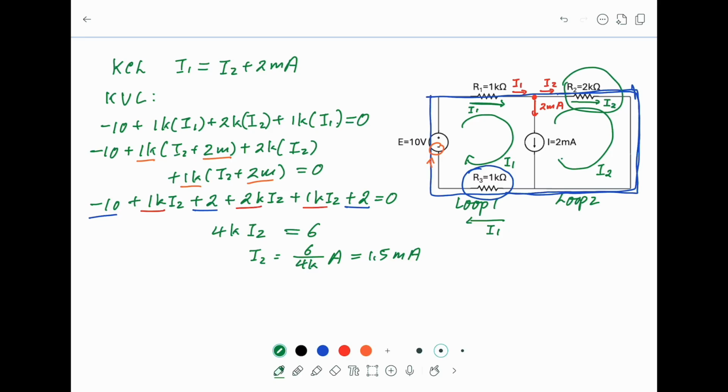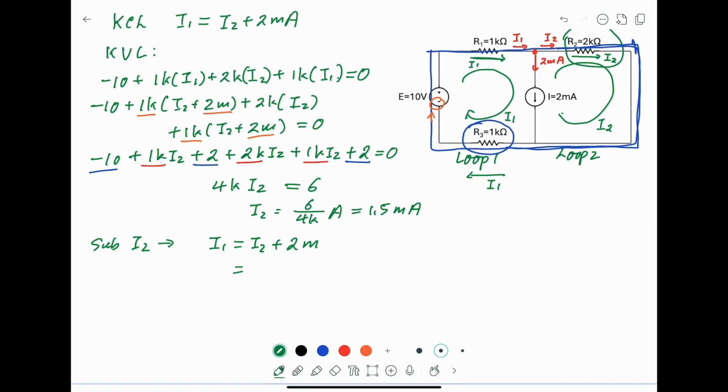Let's substitute back. Substitute I2 into the KCL relationship, I1 equal to I2 plus 2 milliamp.